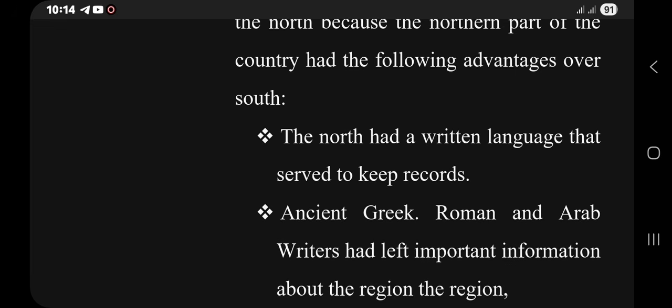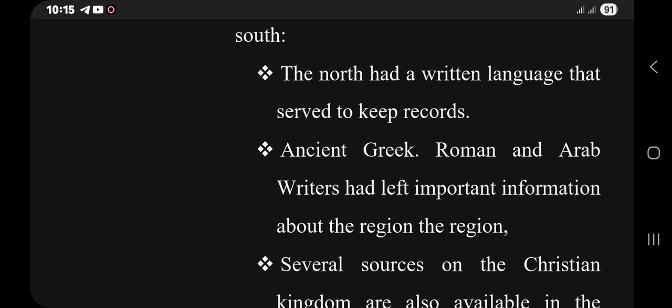The major reason was that the north had a written language that served to keep records, one of the first advantages. The second advantage: ancient Greek, Roman, and Arab writers left important information about the region.